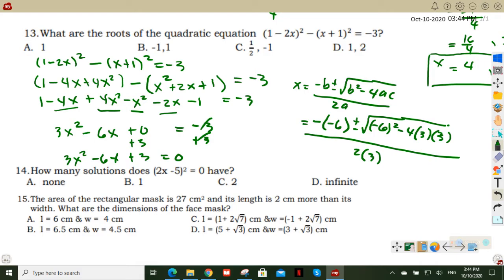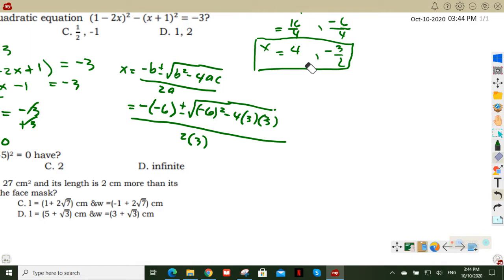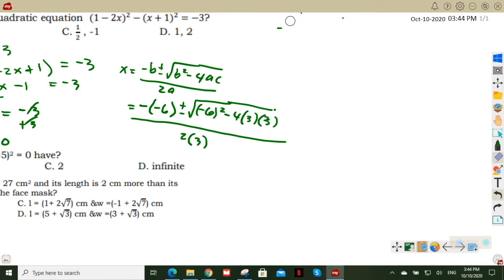Okay, let's move here. Okay, let me erase this first. So let's have now negative times negative 6, that will be positive 6, plus minus the square root of negative 6 squared, which is 36, minus 4 times 3, which is 12, right?